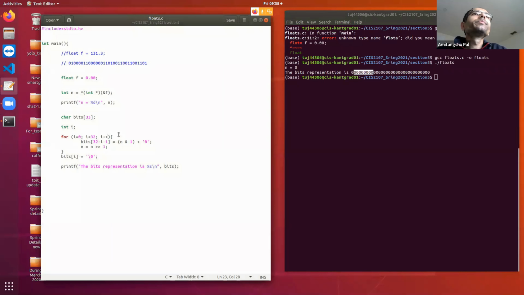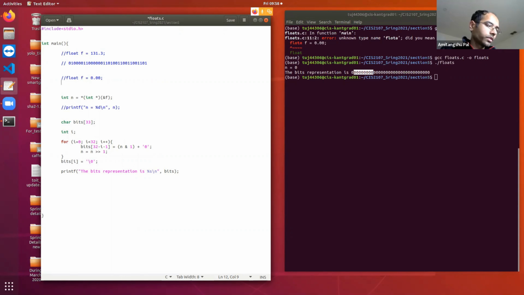Now let's ignore this line. Next, I was trying to check the value 2 to the power minus 130 plus 2 to the power minus 134.